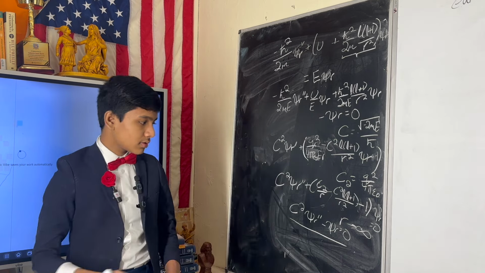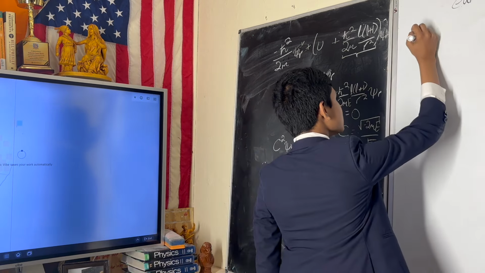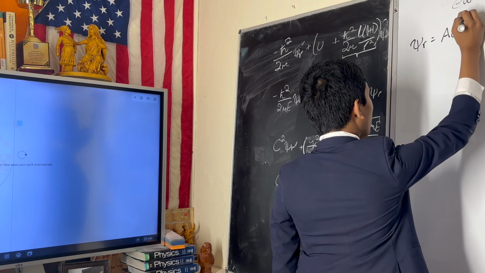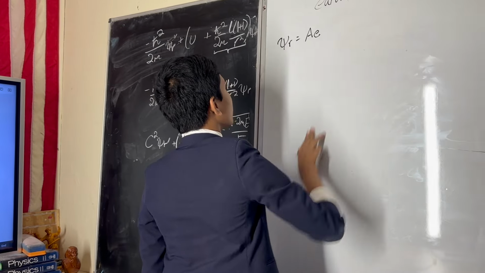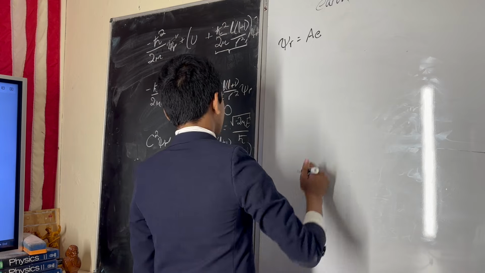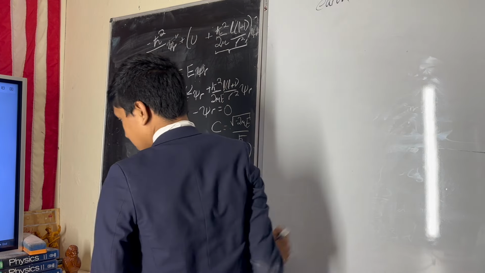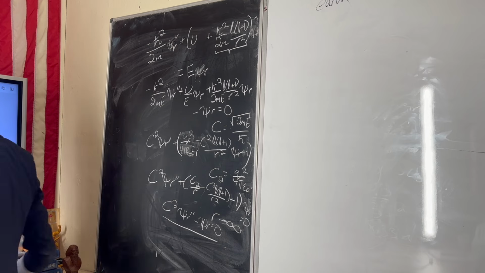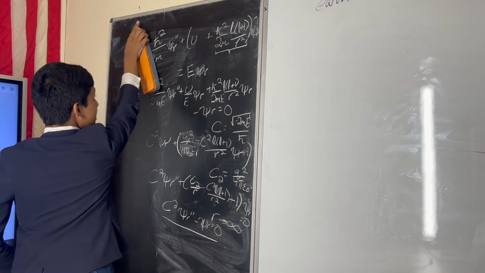We take psi r is equal to a e to the r. No, I can't use r. Can you use blackboard and do it? Okay, what's a good number that we can come up with? Good constant name.